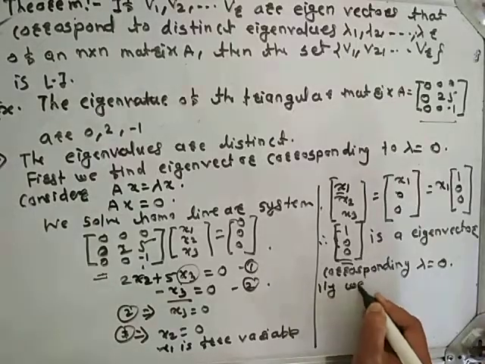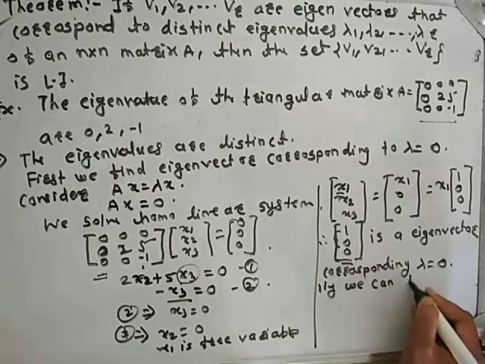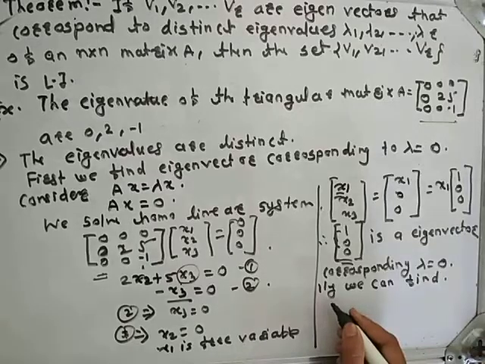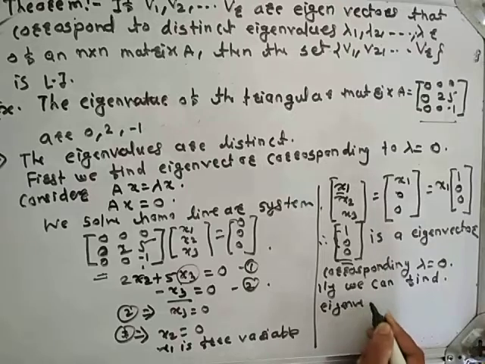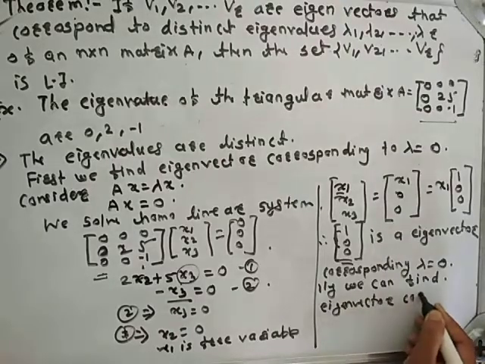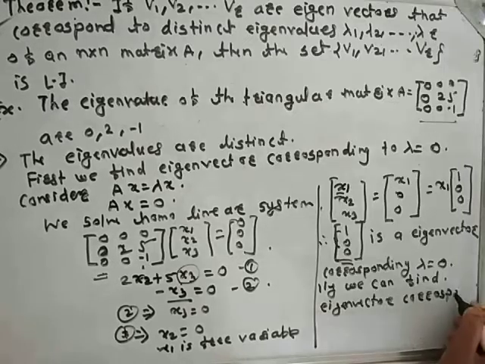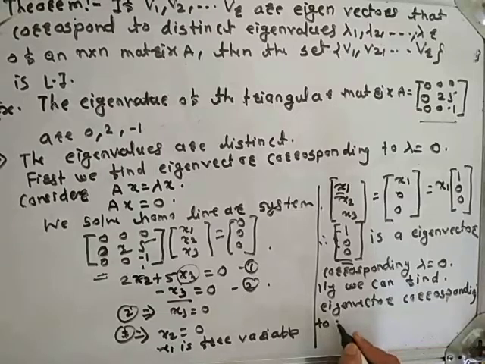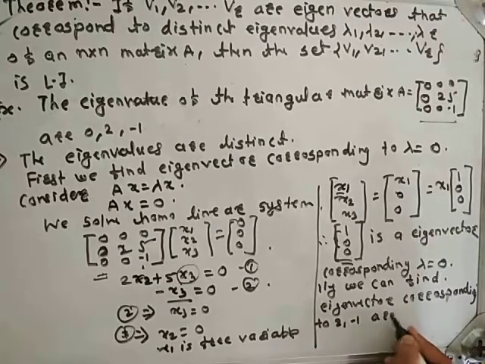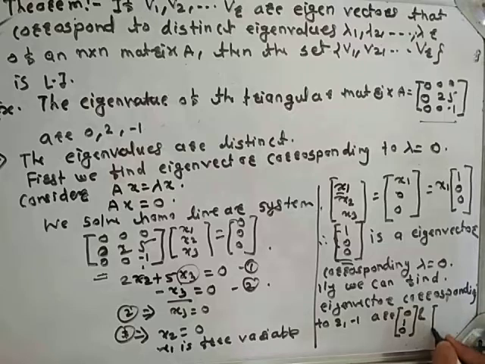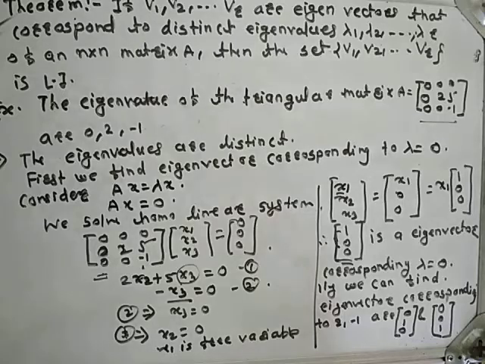Similarly, we can find the eigenvectors corresponding to 2, minus 1, which are matrix 0, 1, 0 and matrix 0, 0, 1.